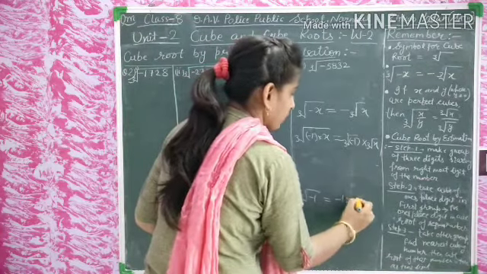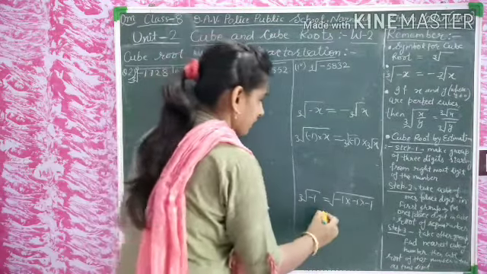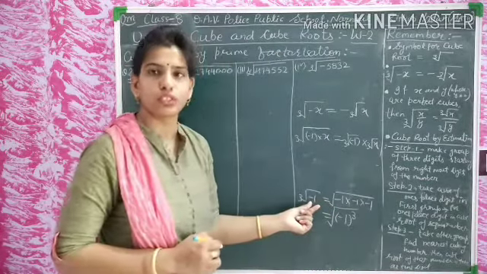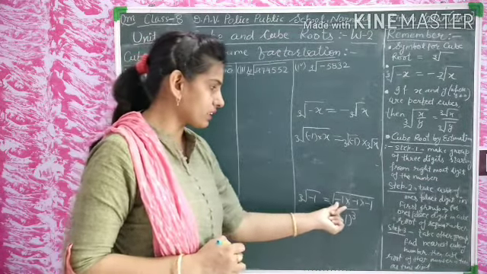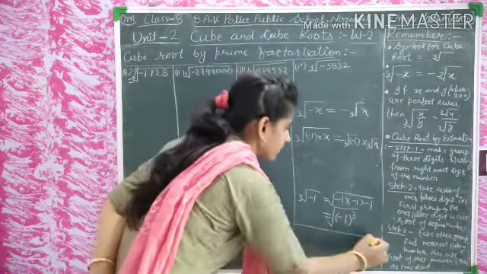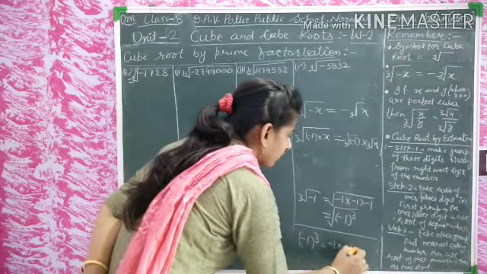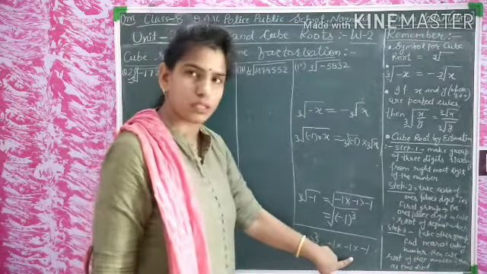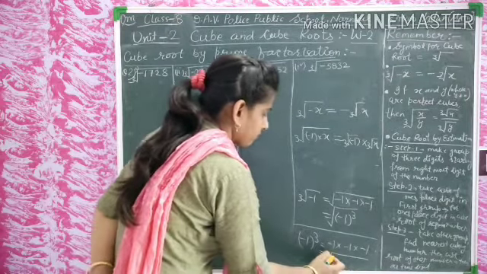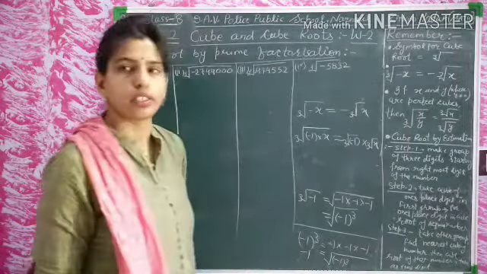Cube of minus 1 is minus 1 into minus 1 into minus 1, which equals minus 1. Cubing this number means the cube root of minus 1 is equal to the cube root of minus 1 cube. Is it clear students?